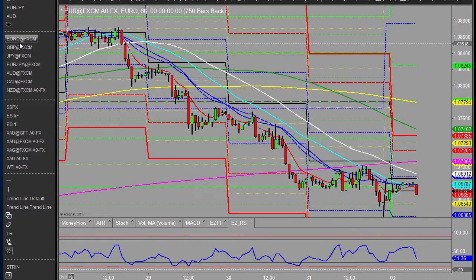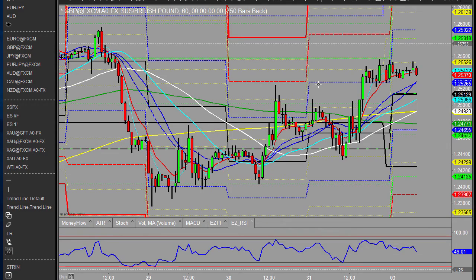Generally a lot of these pairs look weaker. The exception being cable, which held up pretty well, but it may give some of that movement back that it made over a good part of last week, Wednesday, Thursday, Friday. It was putting in higher lows and higher highs, looking a little bit more bullish at that point, but we'll see how it runs this morning.